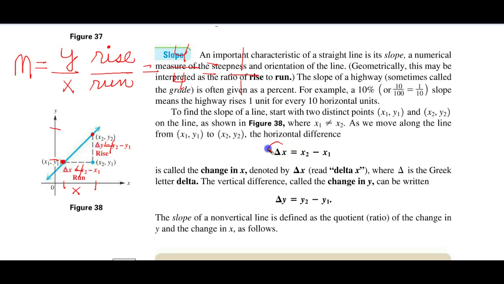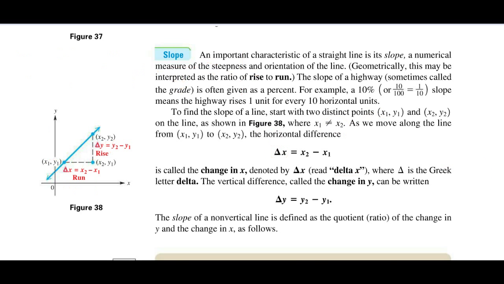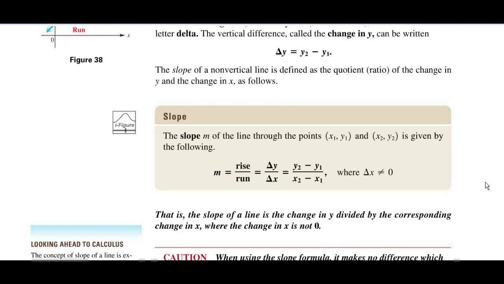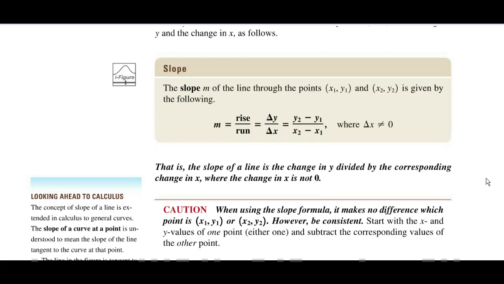Now they're introducing this little symbol. It's not anything to be frightened of. It's just read as delta. Delta y is the rise, and delta x is the run. Okay, so actually this gives rise to a formula that we're going to see here right now. And again, they say it can be done in a number of different ways. I would suggest you just learn one.